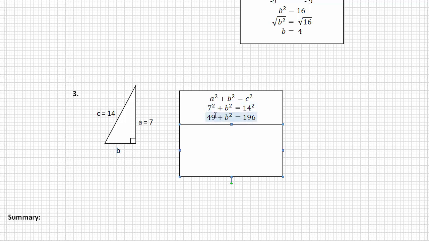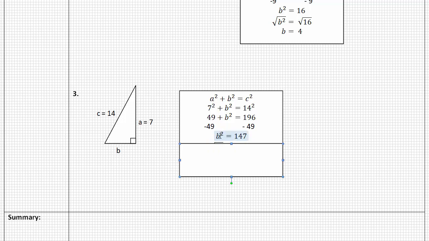Now that it's simplified, I need to get b squared by itself, so I subtracted 49 from both sides. When I do that, I get the answer b squared is equal to 147, because 196 minus 49 equals 147.